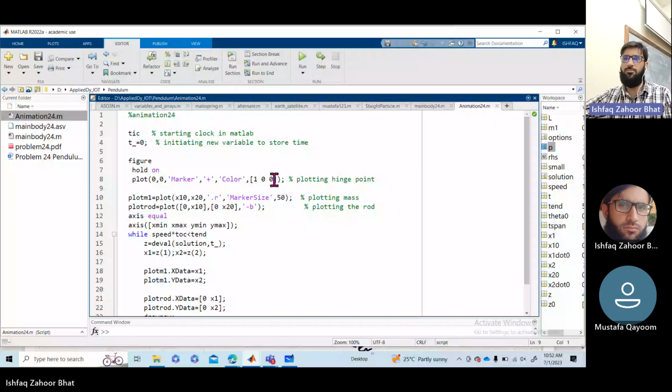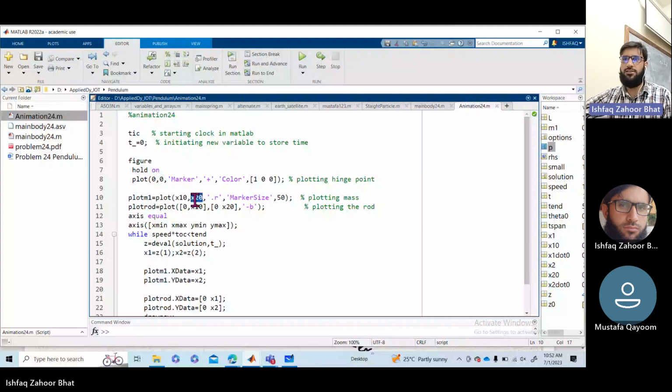Now we want to plot our mass. So where is our mass initially? It is at x10 and x20. This is the initial position of the mass. So we plot the initial position, and we plot it as a red dot.